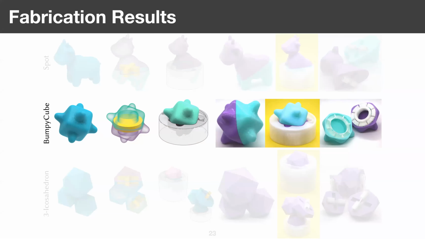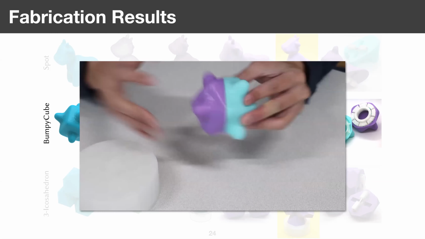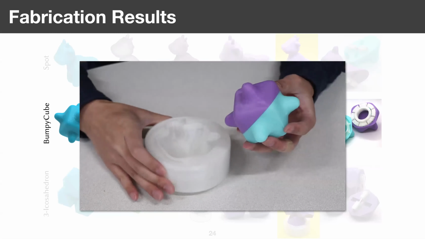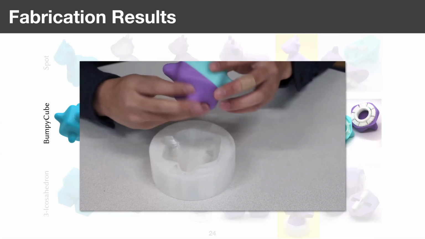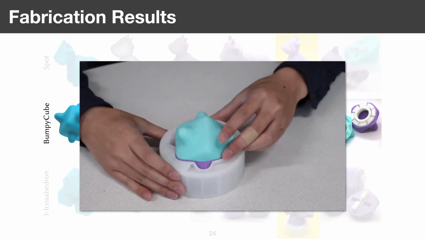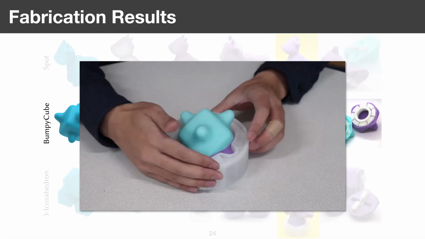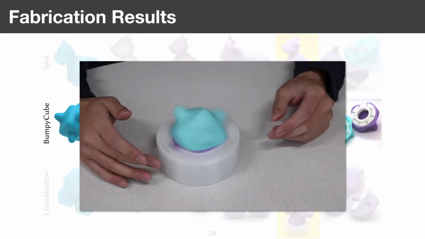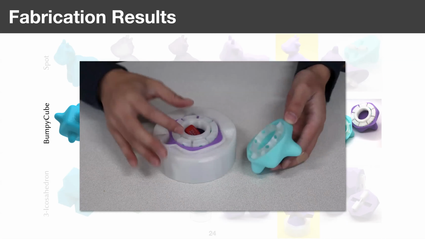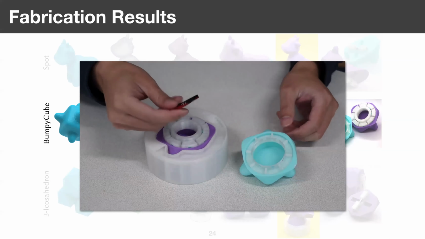In the second row, we embedded a cylindrical core in the bumpy cube. So we can put something secret inside the cube.